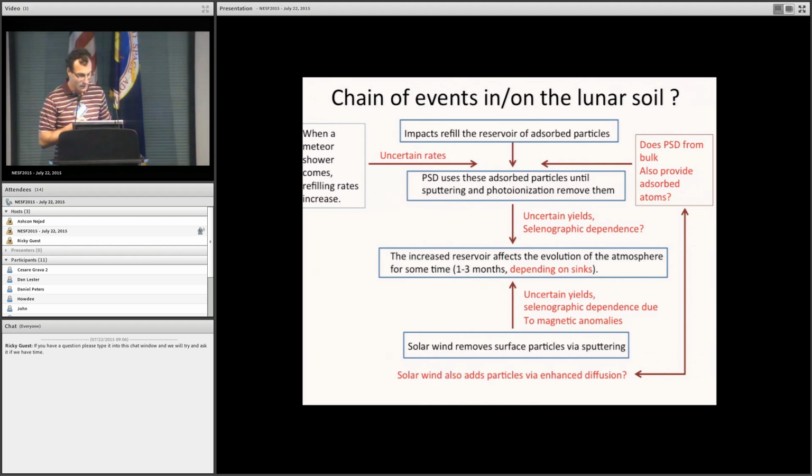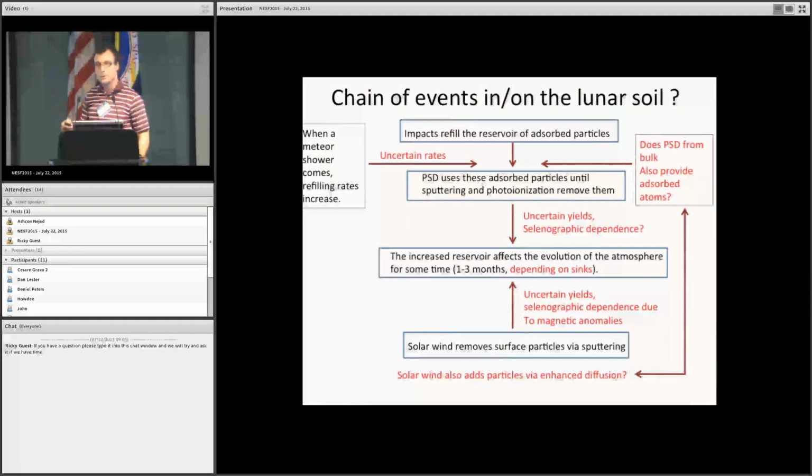and it looks like from the measurements that we have that it doesn't react, it doesn't become intrinsic again, it remains photosensitive for quite a while. So you keep reusing these adsorbed particles until you lose them to the solar wind, either through photoionization or, much more efficiently, it turns out, from solar wind sputtering of these adsorbates.